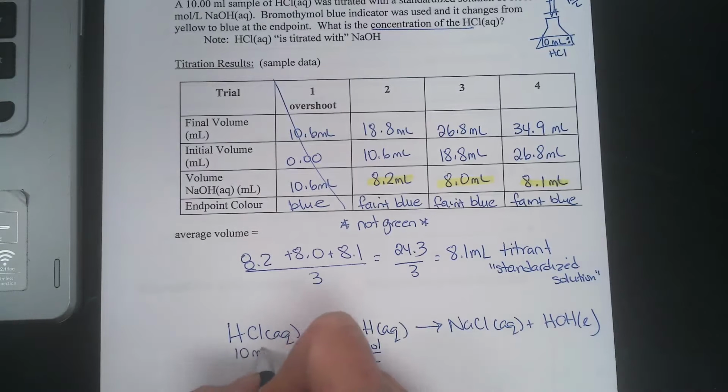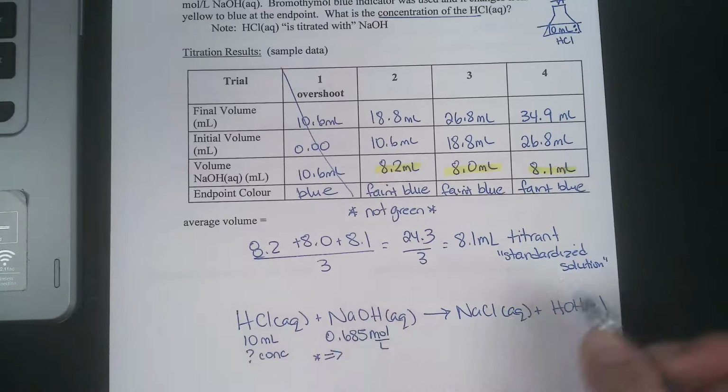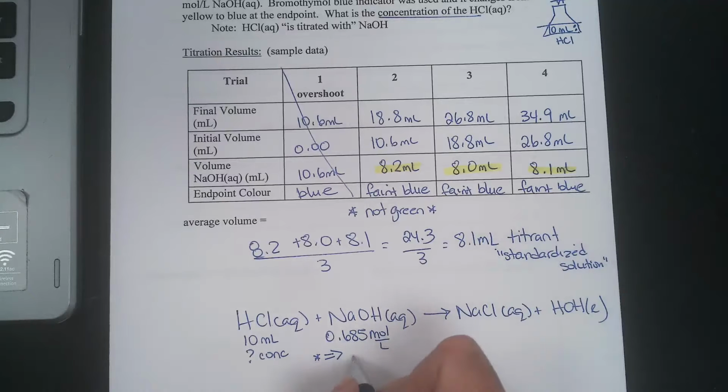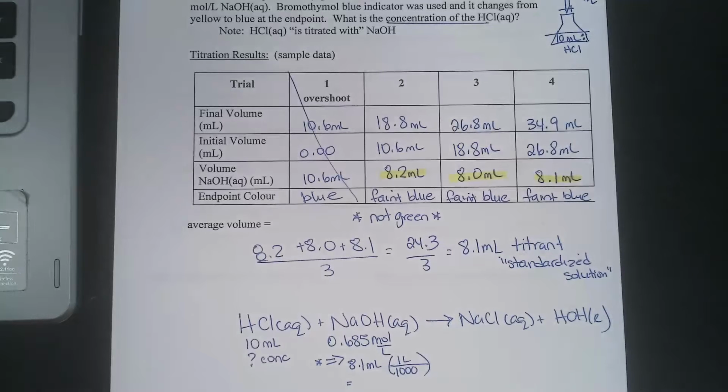I had a 10 ml sample of hydrochloric acid. I'm looking for my concentration, and I see here that I need my volume. Well, from my experiment, I used 8.1 mL, and we know there's 1,000 mL in 1 liter. So I used my calculator, so I'm smart, 0.0081 liters.